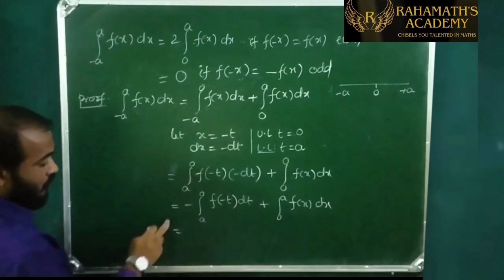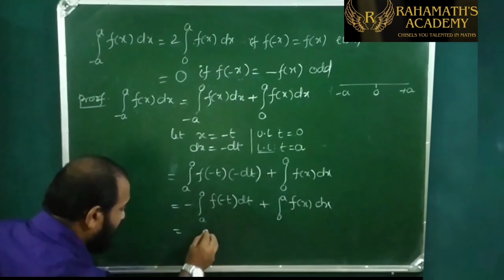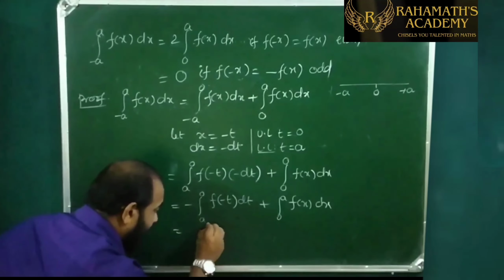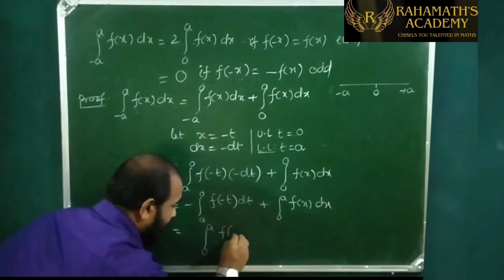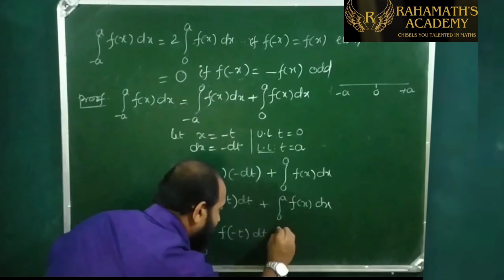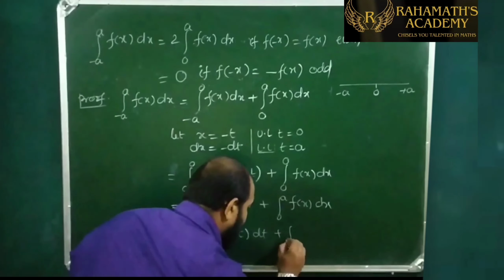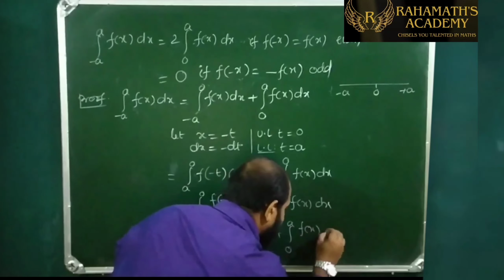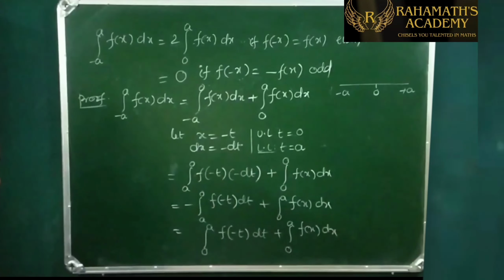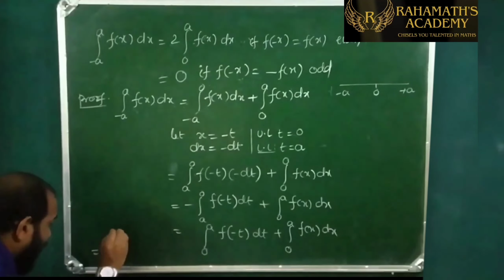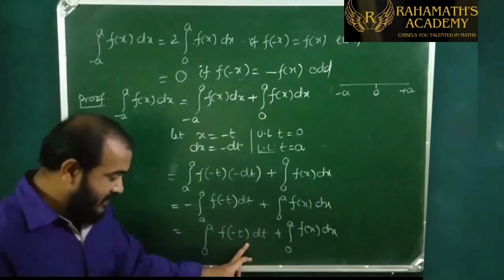Okay. So we need to interchange. That means 0 to a f of minus t dt plus 0 to a f of x dx. Then this is equal to 0 to a this f of minus t dt.